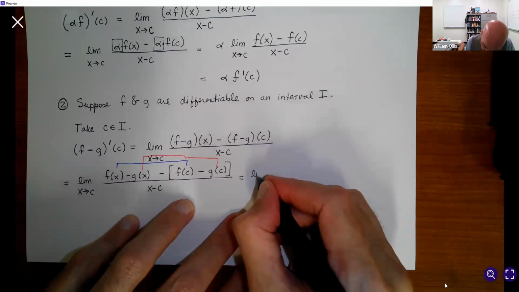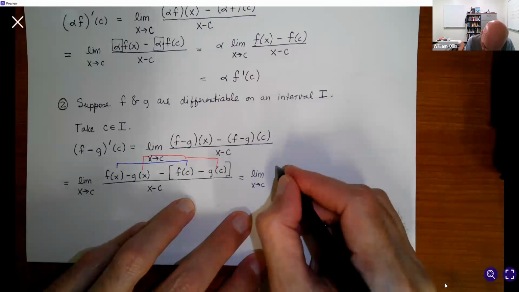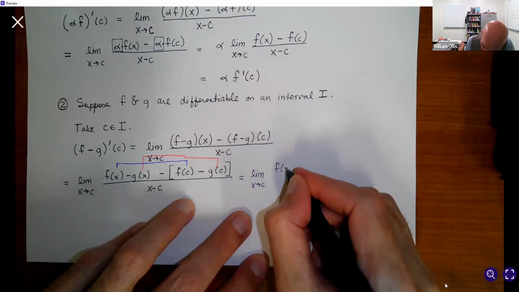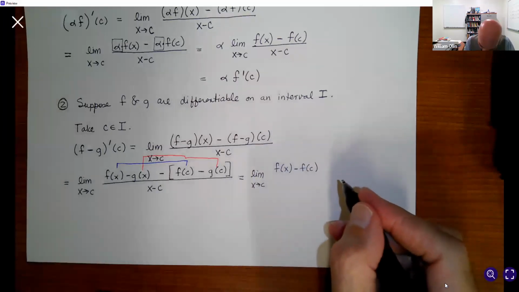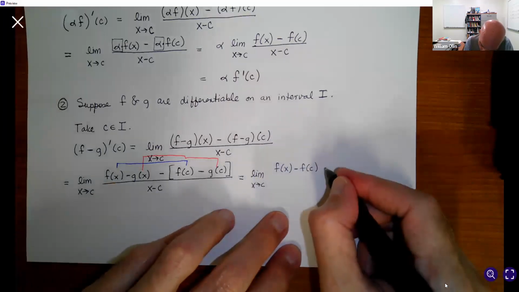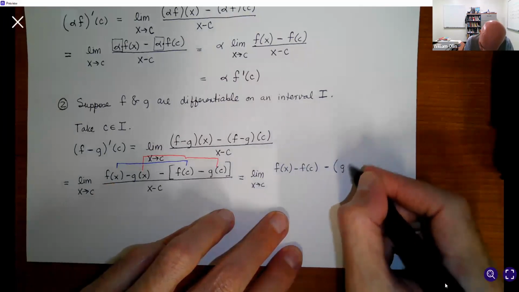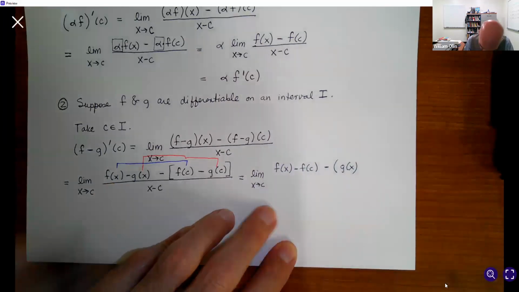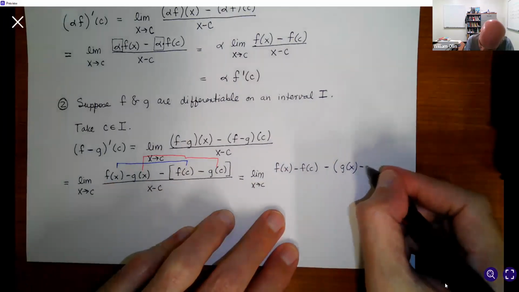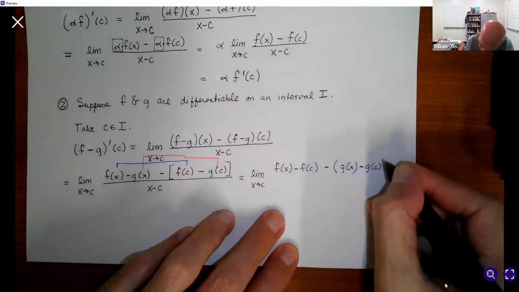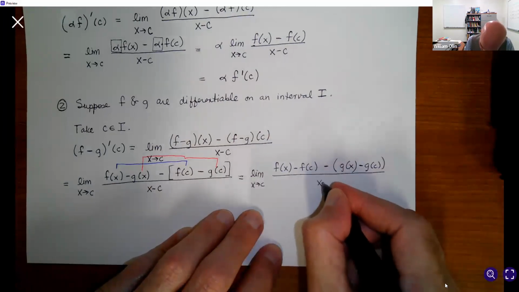So now we have the limit as x approaches c of f of x minus f of c, and then we'll factor the negative here, so we'll have negative g of x, and factor the negative here and leave that one in, minus g of c, divided by x minus c.